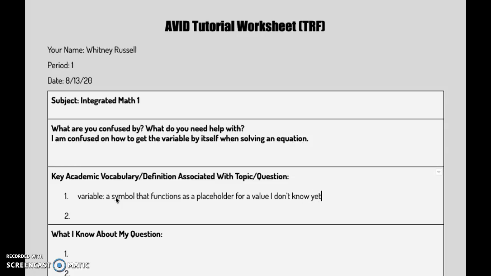Another definition that I know on this topic is equation, right? An equation is a mathematical statement that has two expressions separated by an equal sign.